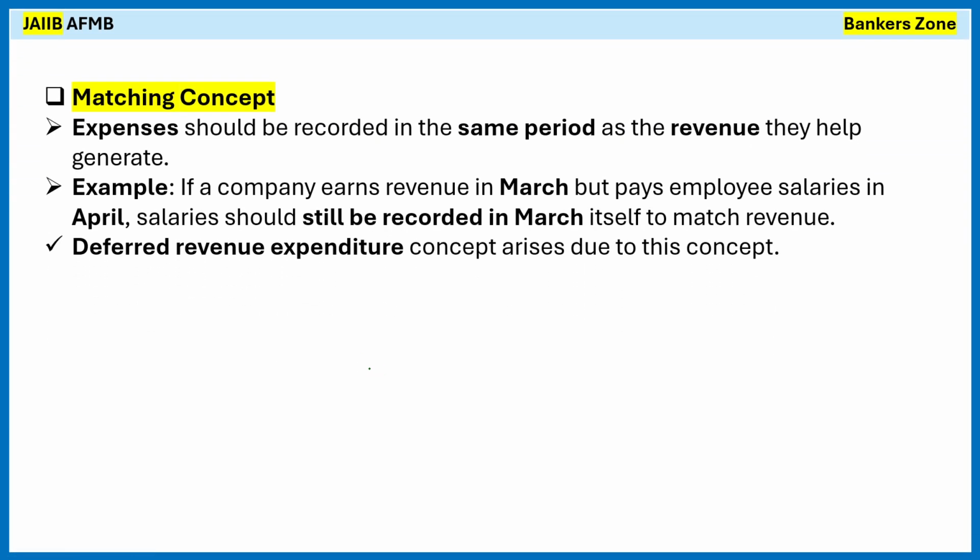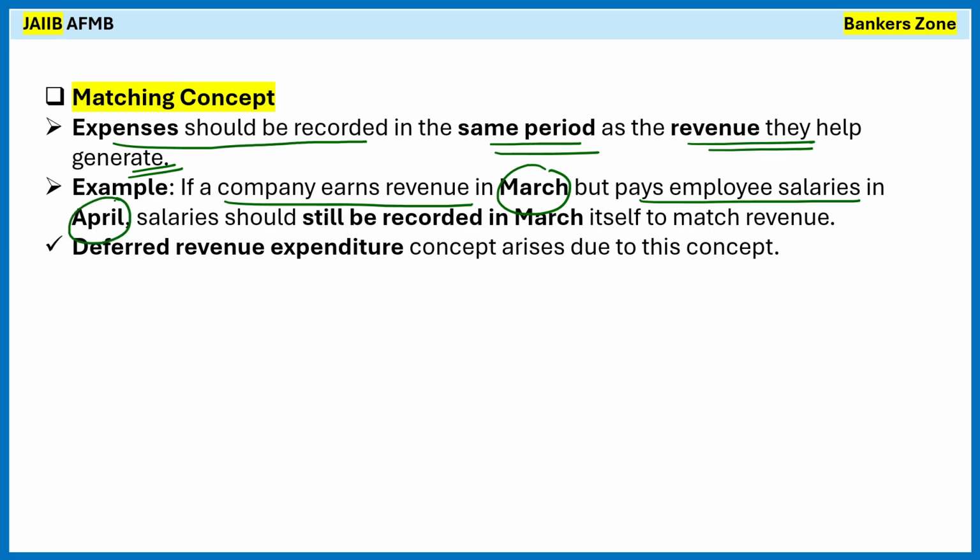Now, the matching concept. What is the matching concept? Expenses should be recorded in the same period as the revenue they help to generate. What do you mean by it? For example, if a company earns revenue in March but pays employee salary in April, the salary should still be recorded in March itself.